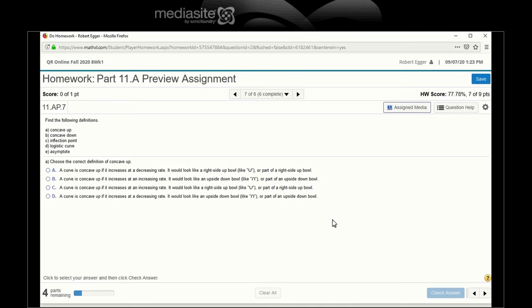For the following definitions: a curve is concave up if it increases at a decreasing rate. It would look like a right-sided bowl or part of a right-sided bowl.